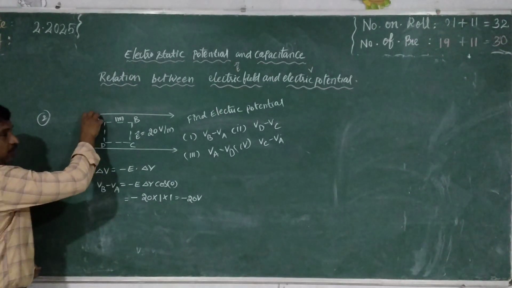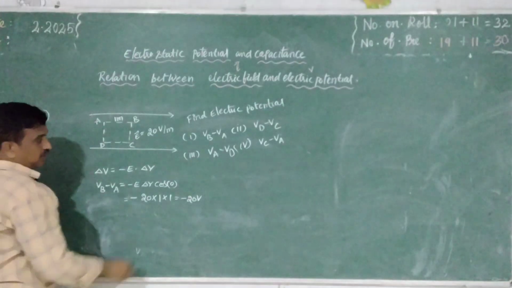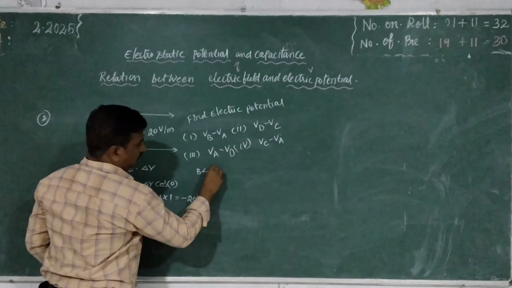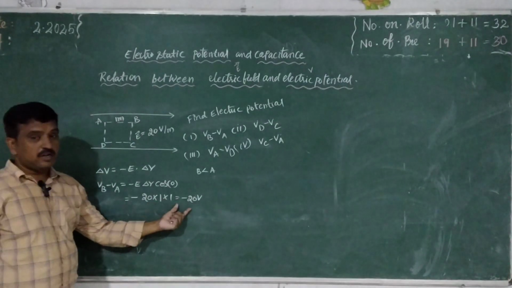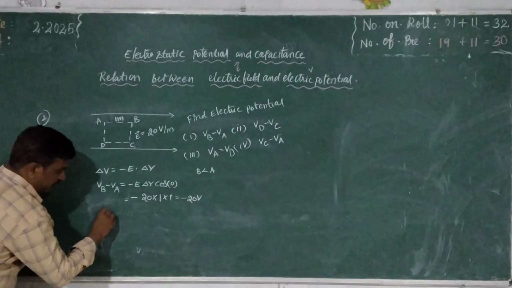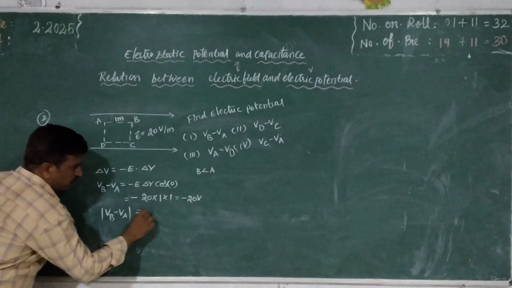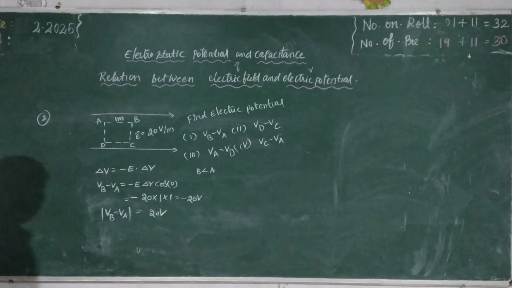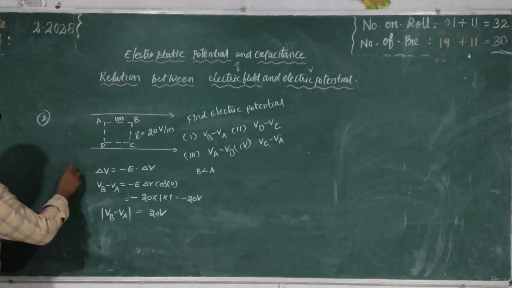More potential here, less potential here, so B is less than A. Minimum minus maximum gives negative. So the magnitude of VB minus VA is 20 volt. This is the first solution.